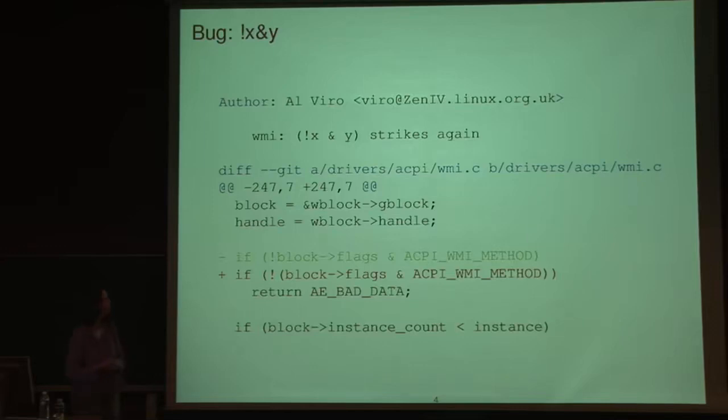And here the bug is something that's allowed in C. It's not allowed in C++, or there was at least a warning about it in C++. But what we have is a mixture of operations here. This is a Boolean operation, so this is a negation, and the result of it will either be true or false, that is either 1 or 0. And here we have a bit AND operation.